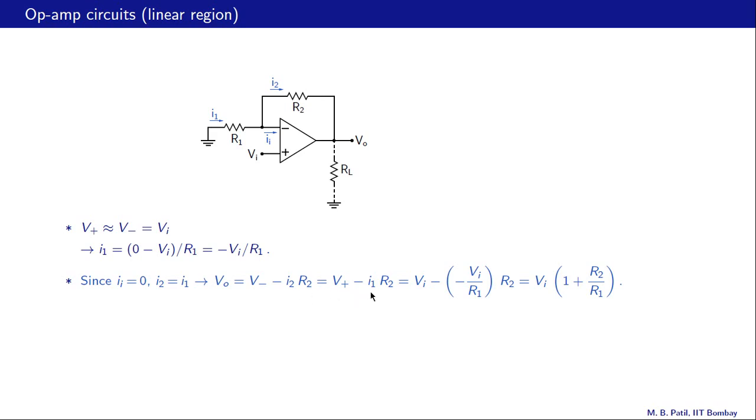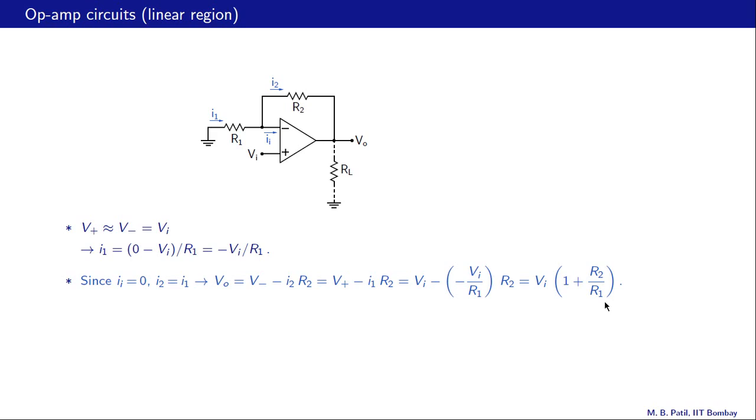I2 is the same as I1. So that is V plus minus I1 times R2. V plus is Vi. I1 is minus Vi divided by R1. And when we put it all together, we get Vi times 1 plus R2 over R1. So for this circuit, we have the output voltage equal to the input voltage times 1 plus R2 over R1.